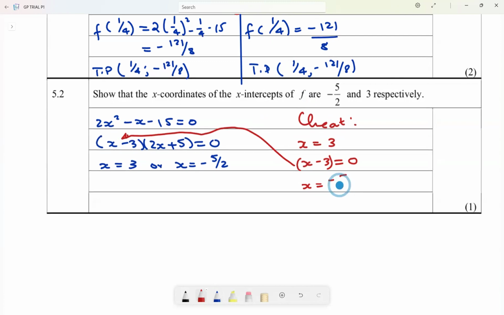And then when you come here, this is negative 5 divided by 2. Instead of transposing at the same time, you multiply by 2 first. So it's going to be 2x is equal to negative 5. And then you transpose the 5. Then it's going to be 2x plus 5 is equal to 0. This is your factor. This is when I don't want to do the basic mathematics.